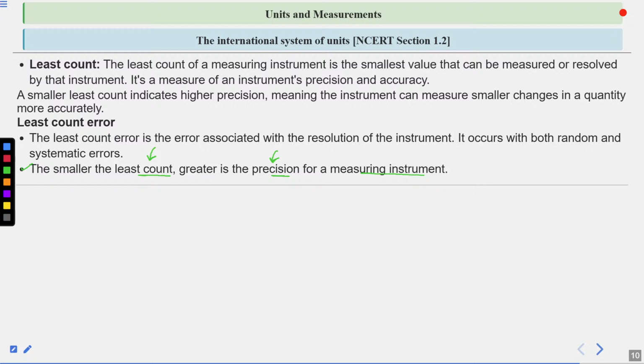Yes. So using the base units, we can derive other units, called derived units. Meter per second square. Now if we talk about force, yes, Newton.